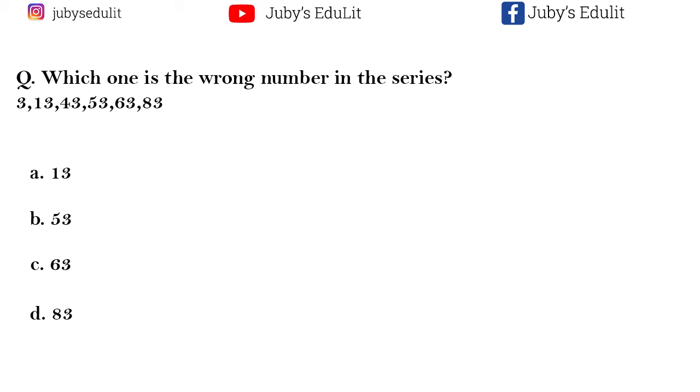First of all, what you have to do is analyze the difference between each of the numbers in the order given. So 3 and 13, what is the difference? It's 10. Now 13 and 43, it's 30. Now 43 and 53, it's 10. 53 and 63, it's again 10. 63 and 83, it's 20.